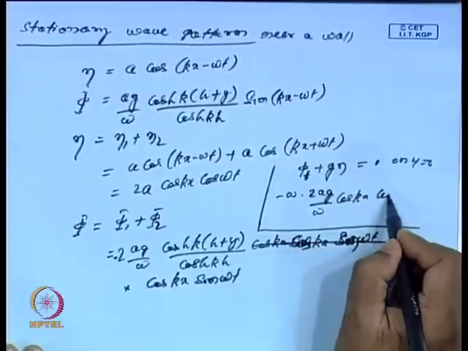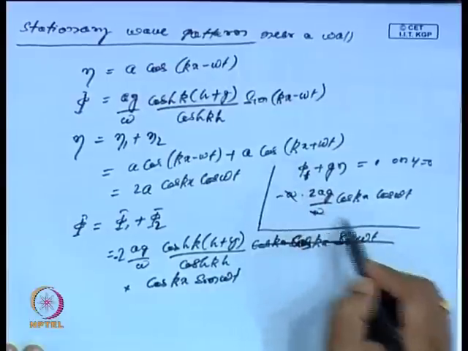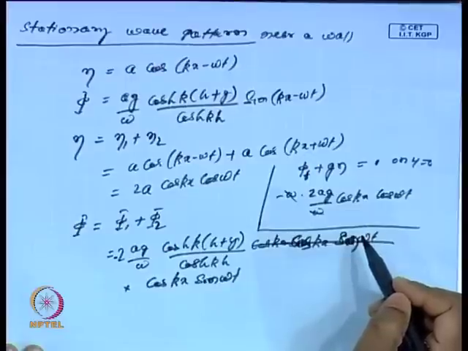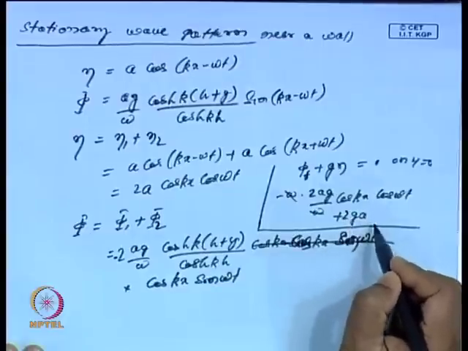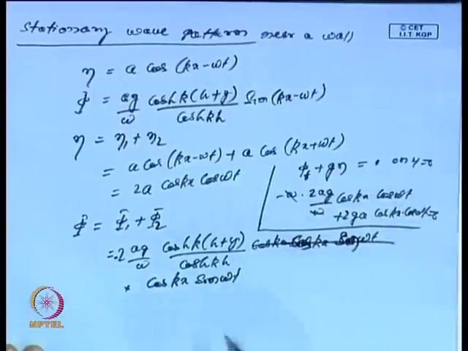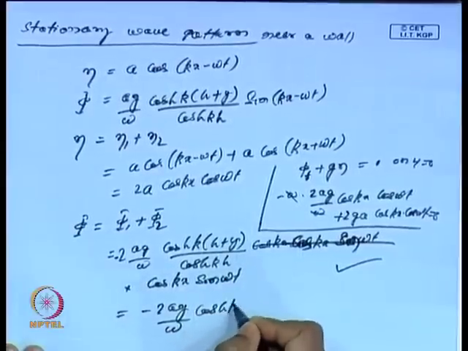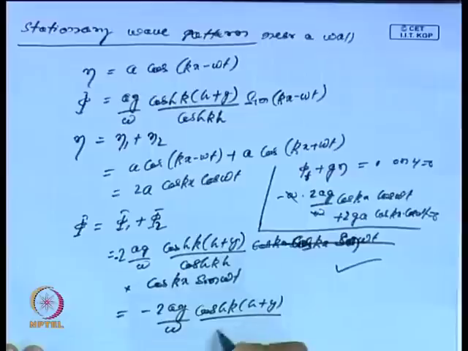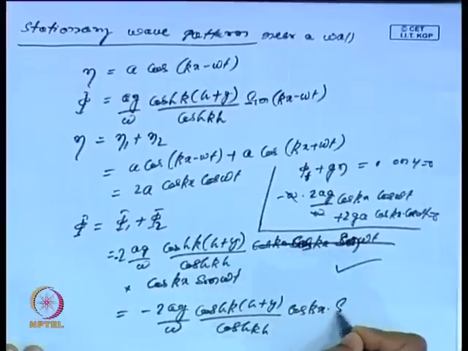Sin omega t becomes cos omega t, and then omega cancels, 2a g by omega plus g times 2a cos kx cos omega t, that is 0. So, this is the right answer. So, let us put it in a proper way: minus 2Hg by omega into cosh k(h plus y) divided by cosh kh into cos kx sin omega t.